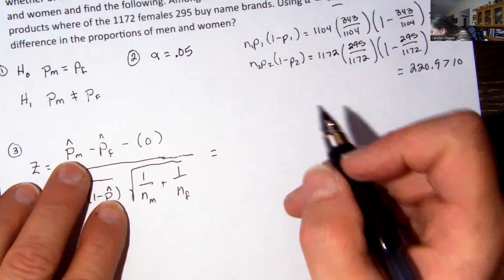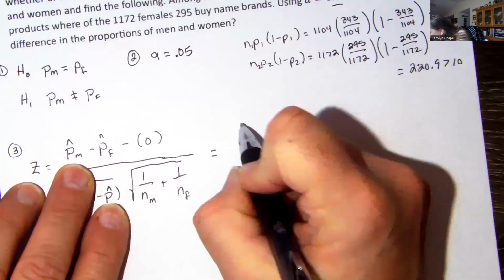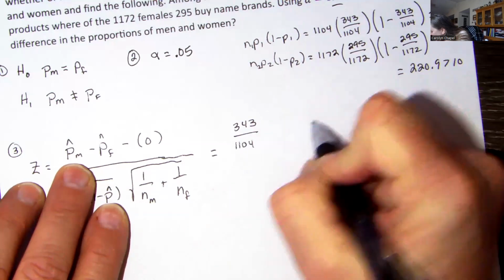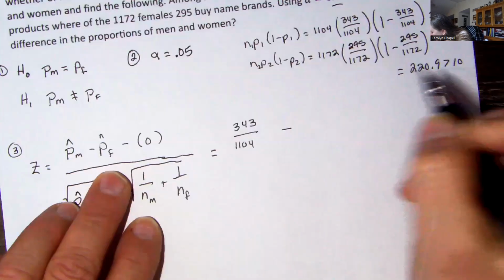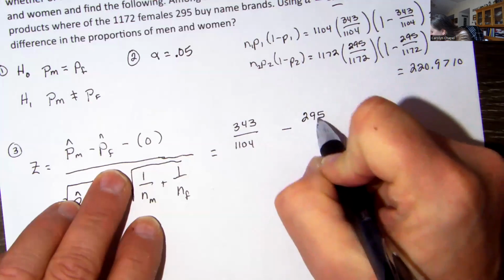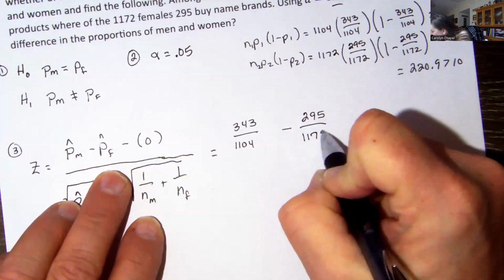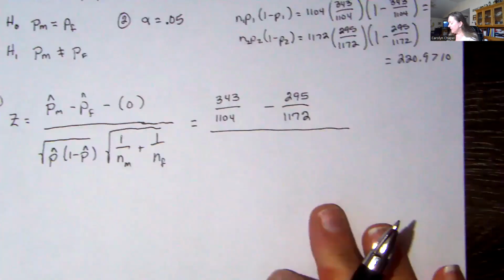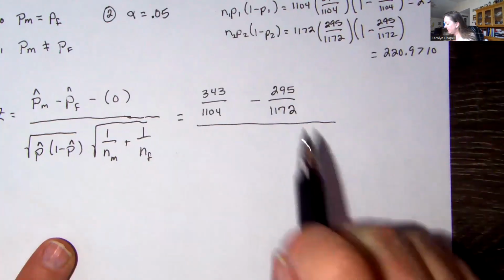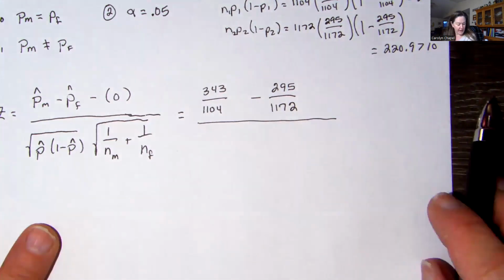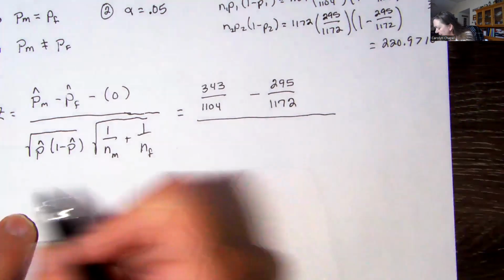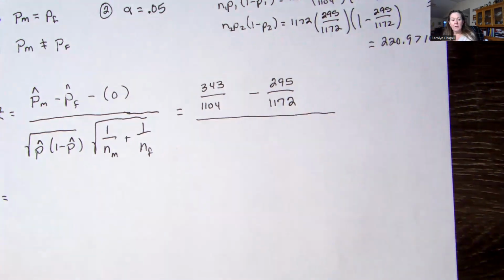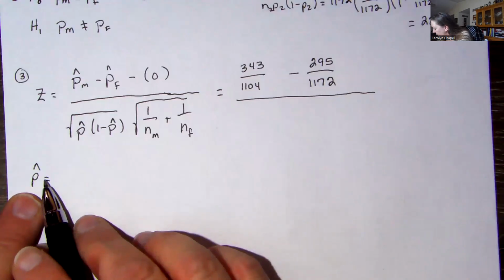My p hat M, that's that 343 over 1104. Yes, I can turn these into decimals if I want to, but leaving them as fractions will make it a lot more accurate. So there's my females minus 0. I'm not going to put that in here. For my p hat, I'm going to do the work down here.